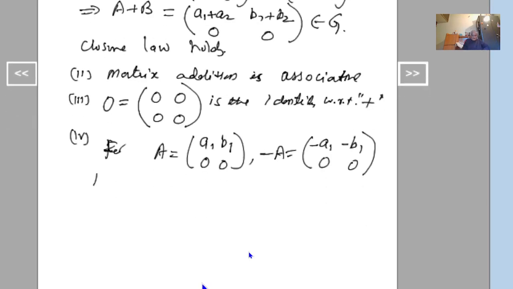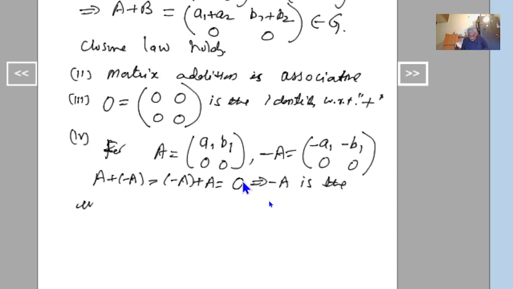And if I take A plus of minus A equal to minus A plus A, am I getting this equal to 0? Yes, I am getting this matrix here, because A1 minus A1 is 0, B1 minus B1 is 0. That is, I am getting 0. So this implies minus A is the inverse of A.